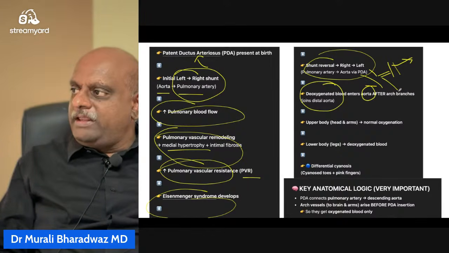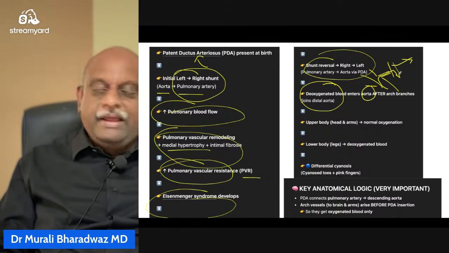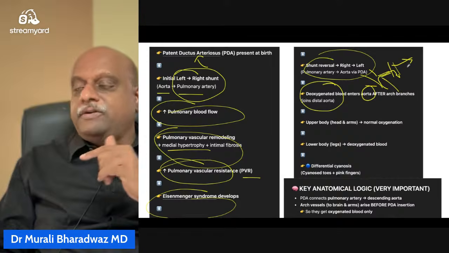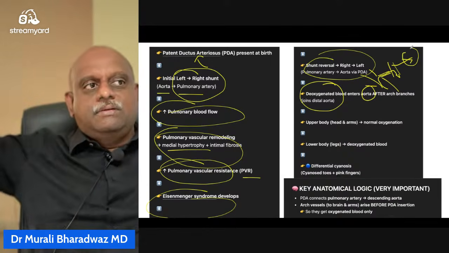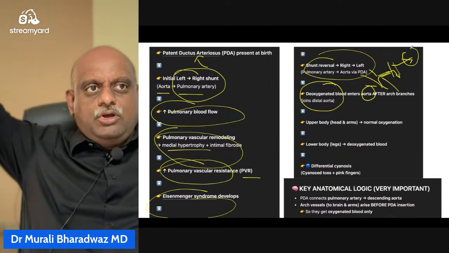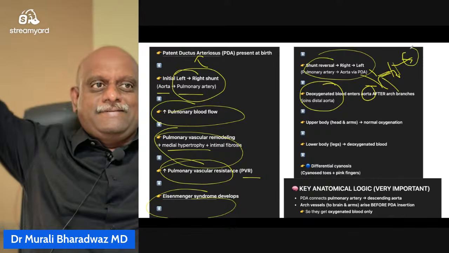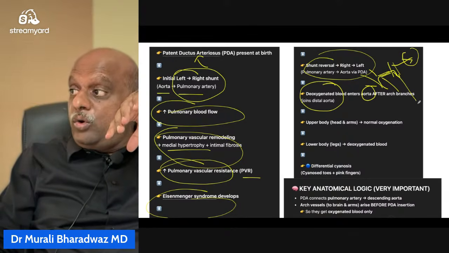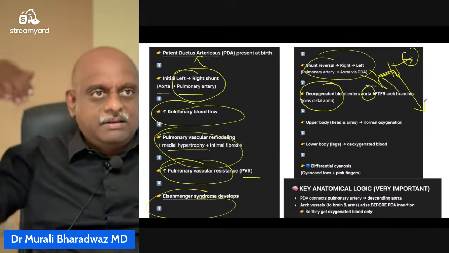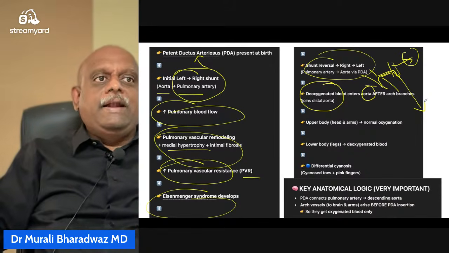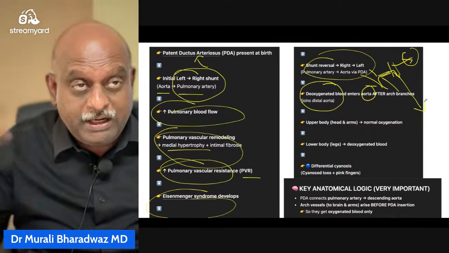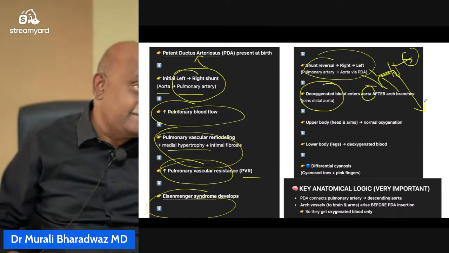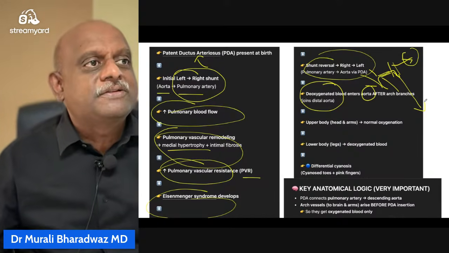That means whatever impure blood is entering from the pulmonary artery into the aorta is entering after the upper limb blood has gone into the subclavian, which is oxygenated. That is the reason only the lower limbs receive the deoxygenated blood. Cyanosis develops only in the lower limbs, not in the upper limbs, which is called differential cyanosis.